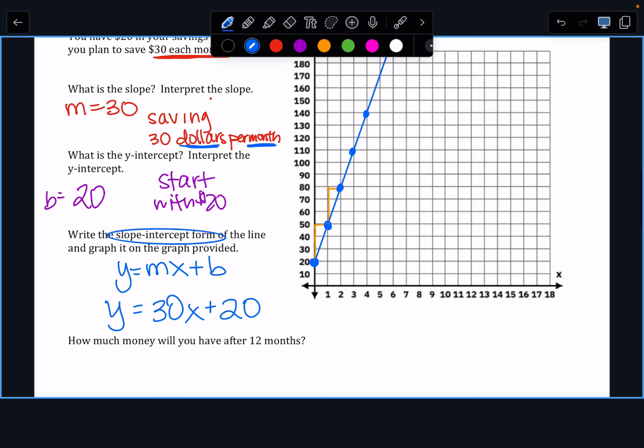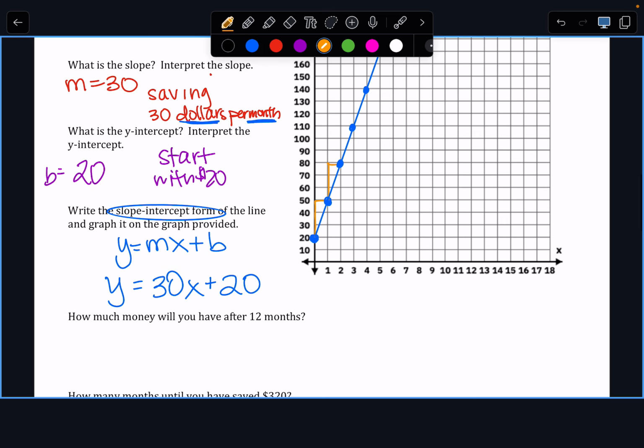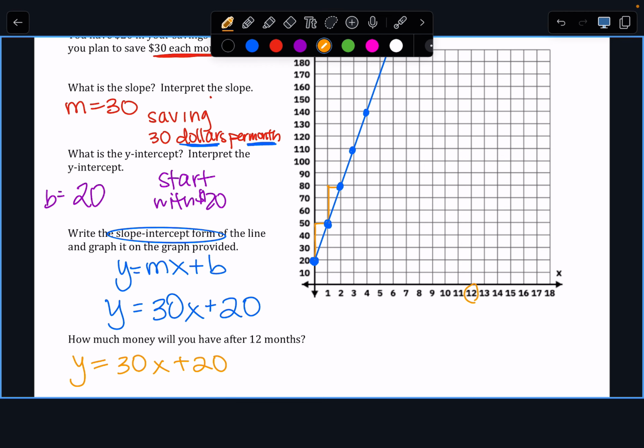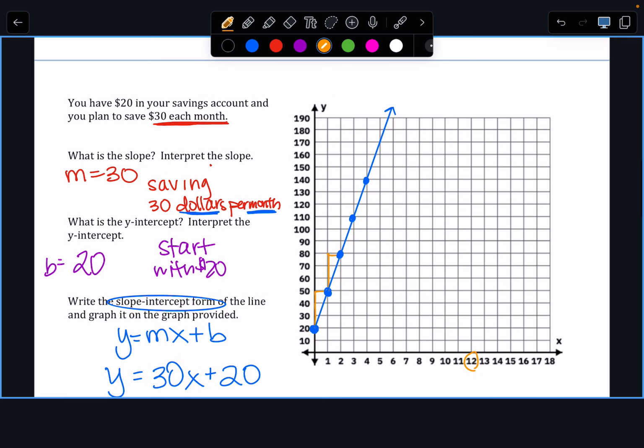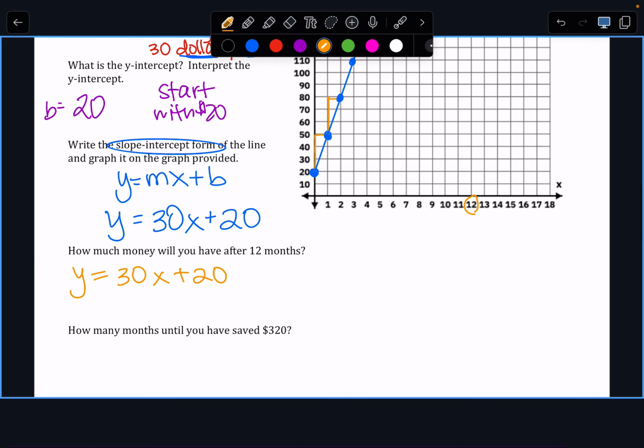Okay, I want to know how much money I'm going to have after 12 months. Now, here I see 12, but is my graph going to help me out? That's a bummer. But that's okay. If the graph's not going to help me, I can use the equation.